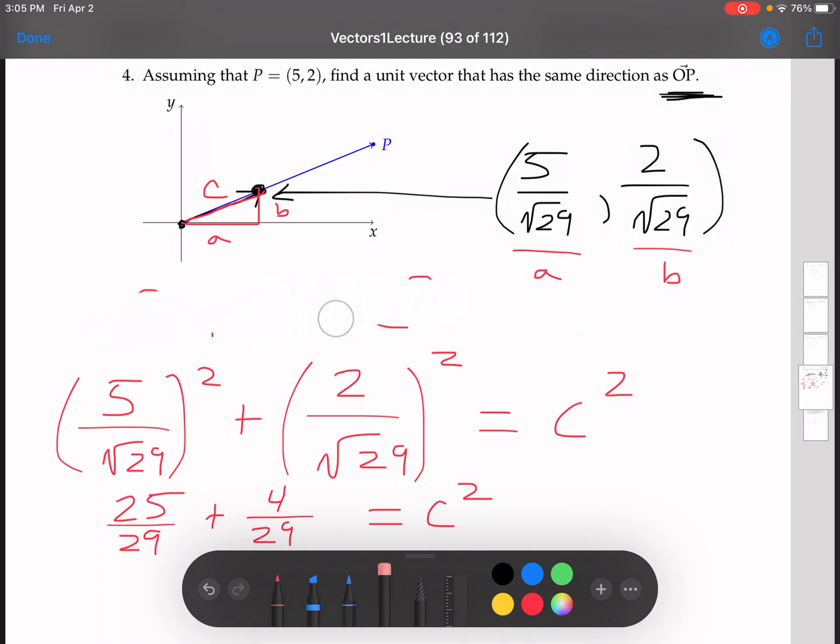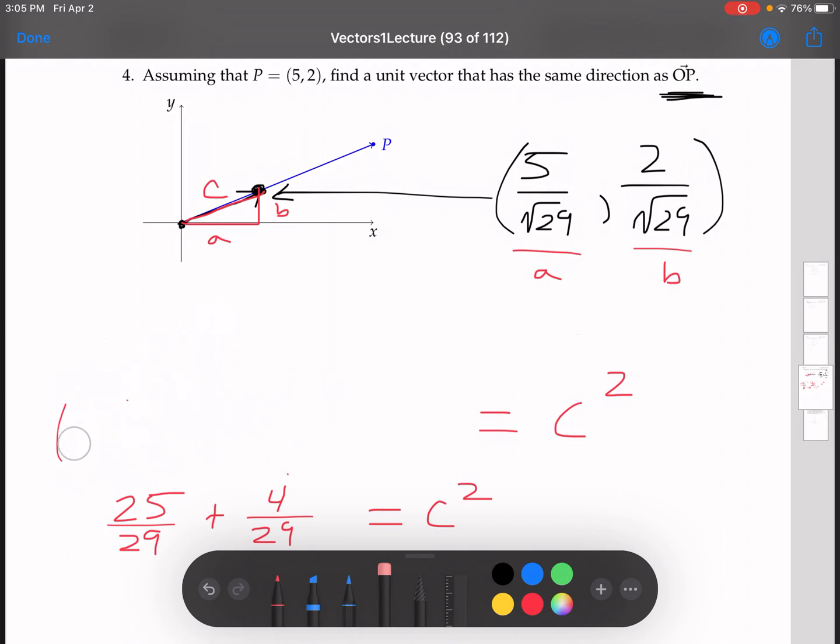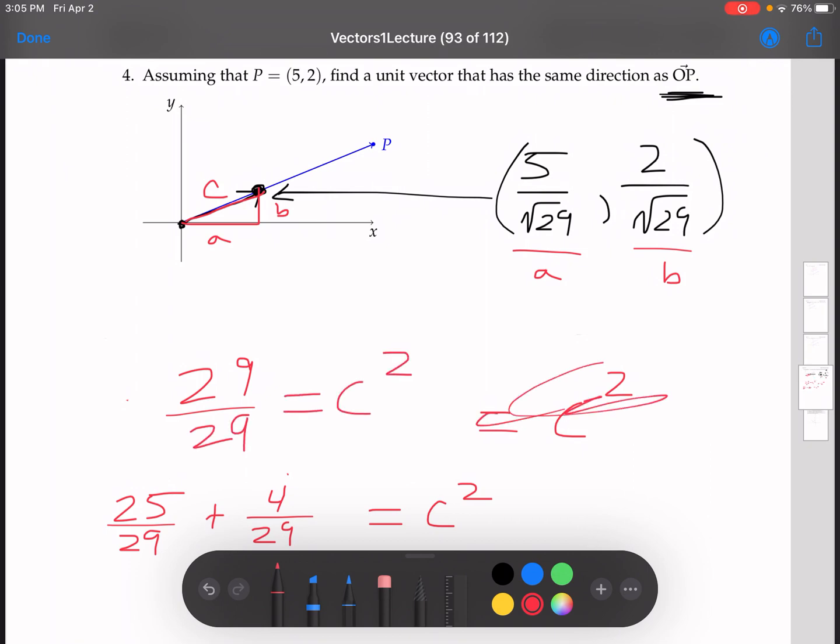And so now you see what happens: 25 over 29 plus 4 over 29, doing the math, we get 29 over 29 equals c squared. 29 over 29 is 1, so c is equal to 1.